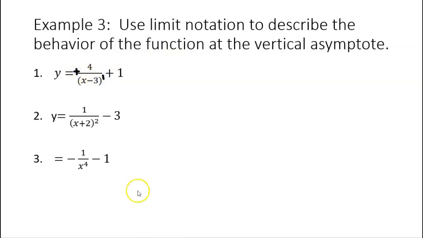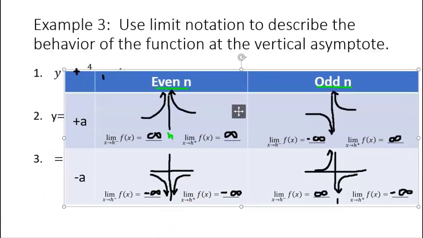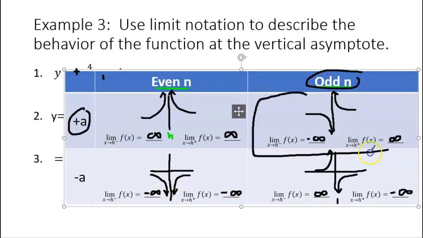Now, when you have an odd power with a positive fraction, we are going to have this situation. My graph would look like this. So that would mean that on the left side of my asymptote, it's going down into negative infinity. And on the right side of my asymptote, it's going up into positive infinity.